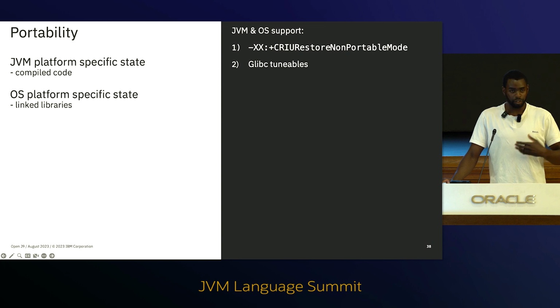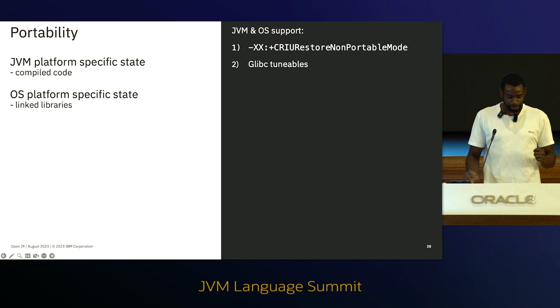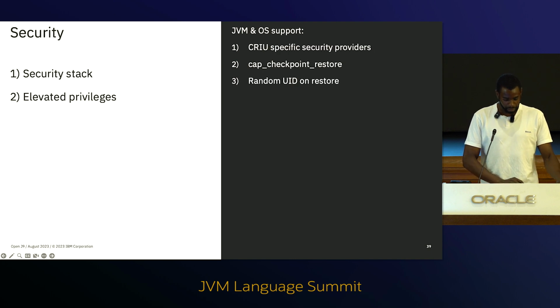Unfortunately, there's nothing we can do in the JVM to stop this, but there are some OS features that allow us to disable these hardware-sensitive optimizations. glibc tunables, I think, was introduced in glibc 2.18, but there were some bug fixes in 2.24. This basically disables these hardware-specific optimizations. Unlike the JVM, we can't fix this up post-restore, but in practice, we haven't really seen a noticeable perf impact from disabling these.